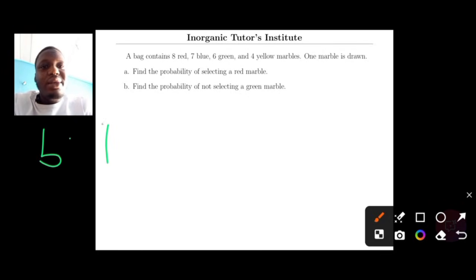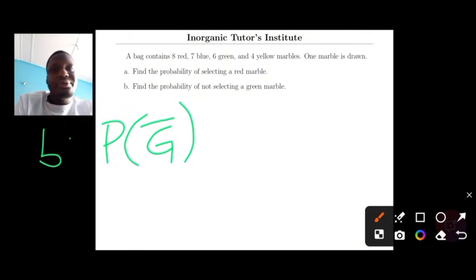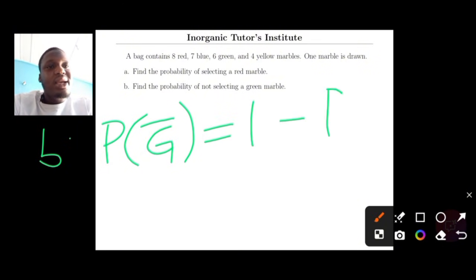So we are asked to find the probability of not selecting green. This is how to write it. And we saw in the last lecture that the probability of not selecting green is equal to 1 minus the probability of selecting green.